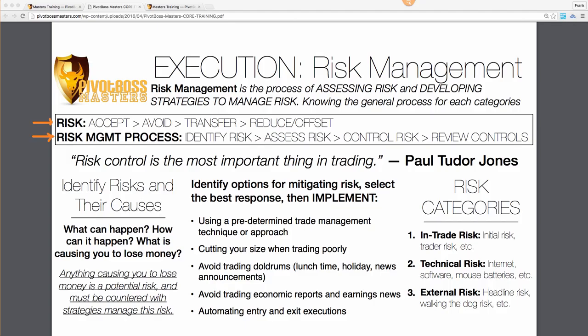You can also offset risk, for example, by using counter trading vehicles. If you have correlated assets like an ES and an NQ, well, not so much right now, but similar correlated assets, if you're swing long the NQ, when price starts to go against you, you can short the ES. Those types of offsetting approaches.